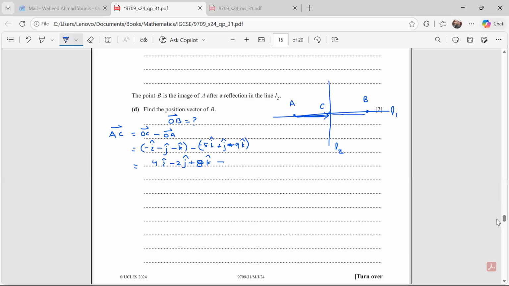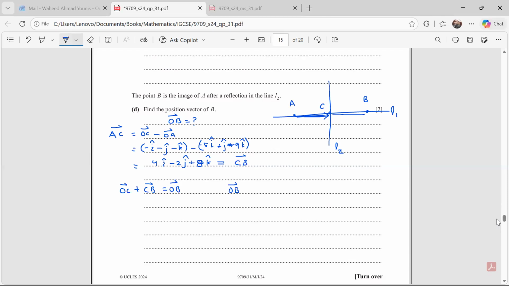So you can see the OB vector, the position vector from the origin to B. If I say OC plus CB, OC plus CB is equal to the OB vector.